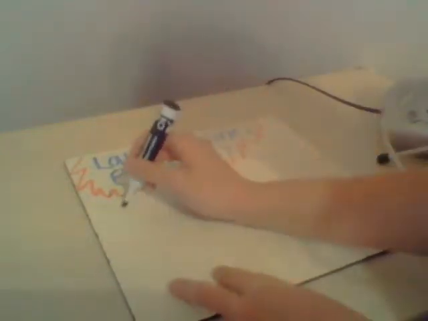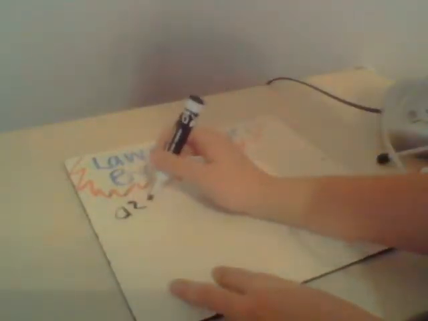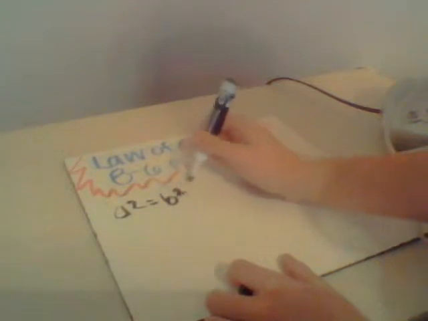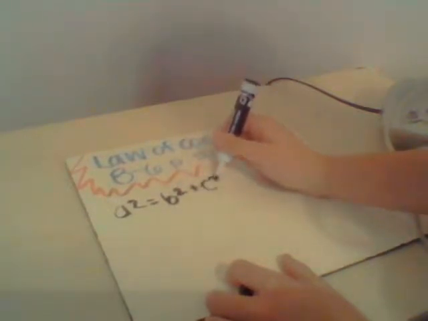Our first equation, if we don't know the angle measurement of A, we are going to use a squared equals b squared plus c squared. B squared and c squared are also going to be the side lengths of the triangle, not the angles.